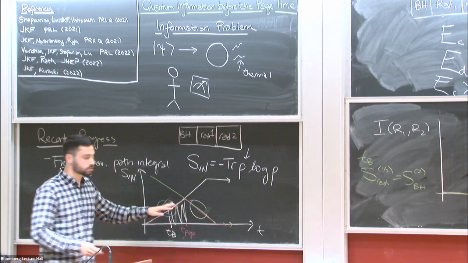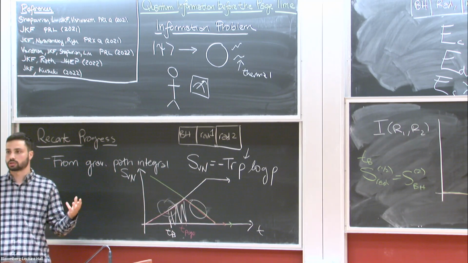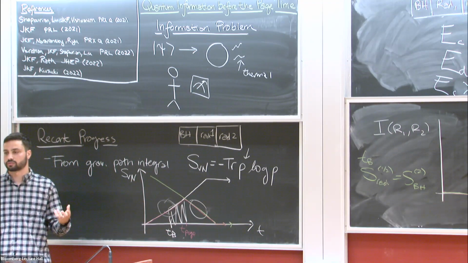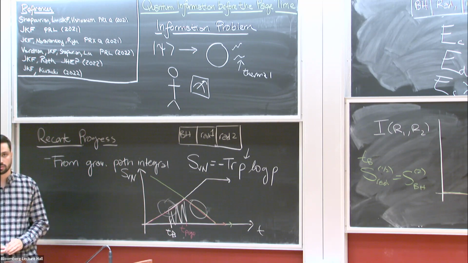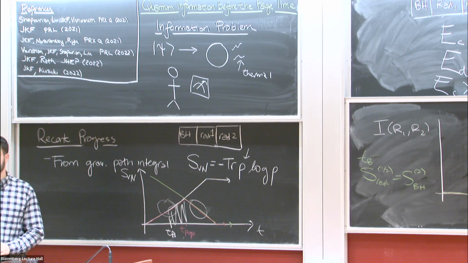So in this model, there's no difference between the early and the late radiation. Right, but in an actual black hole? Oh, that's an interesting question. I don't know the answer to that. The last 20 are certainly highly non-thermal, but how much they remember of the initial state is another question.